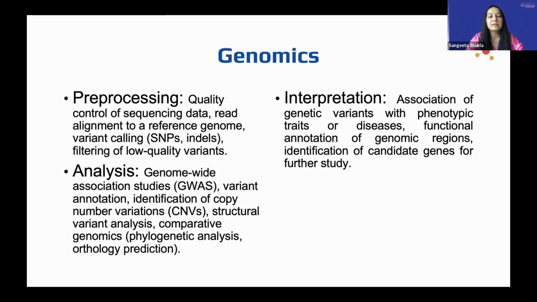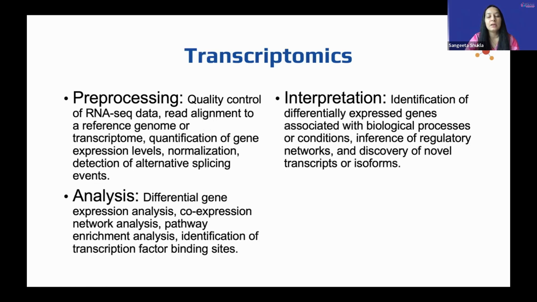And we could use this analysis to essentially understand some phenotypic traits or diseases, and use the knowledge of those genomic regions by annotating them to understand what kind of diseases those genes or genomic regions may have been involved in, and then identify candidate genes for further study or disease investigation or disease treatment.